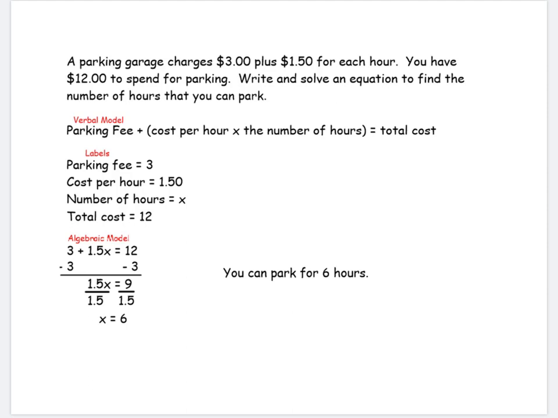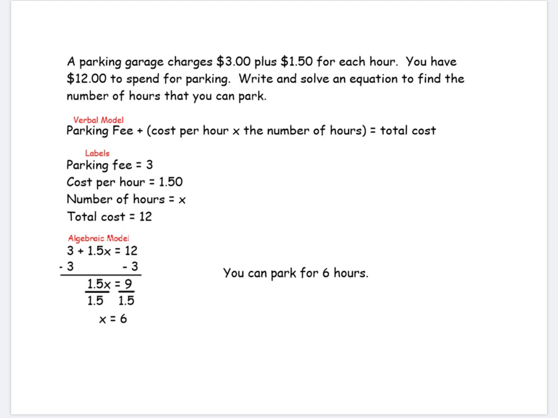Okay, so the verbal model. Verbal means words. So we're writing our equation out in words. Sometimes I find it helps if you write the mathematical equation first and then go back in and write the verbal model, because my brain thinks more mathematically. But either way, to find the total cost of how much it would cost you to park in the parking garage, you'd have to pay the fee to park, and you would also have to pay the amount for every hour that you park.